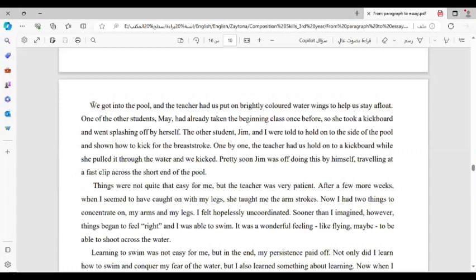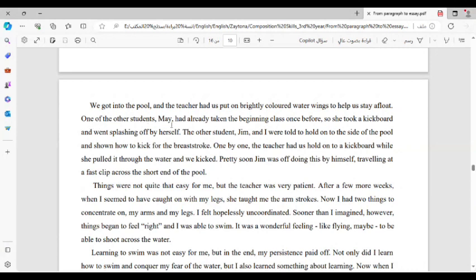Okay, we got into the pool and the teacher had us put on brightly colored water wings to help us stay afloat. Do you know the meaning of the word afloat? Afloat means that you are floating on water. It means in Arabic like عائم أو طافي على الماء. Okay.